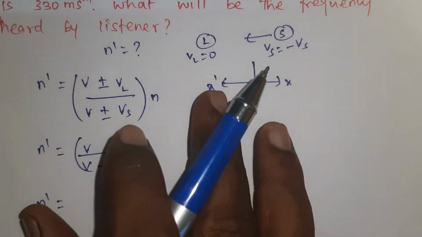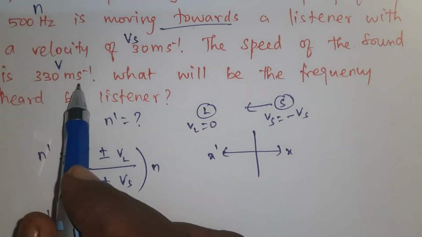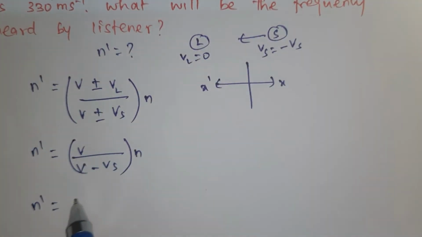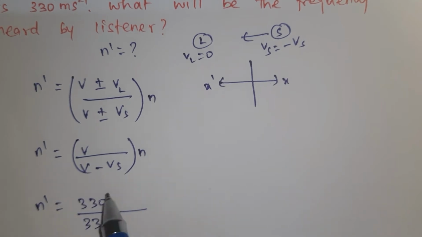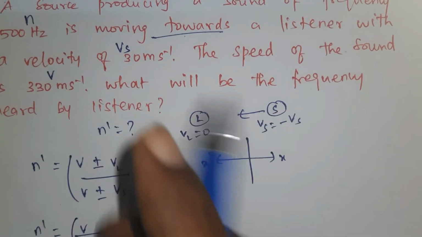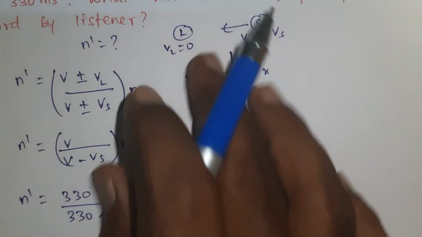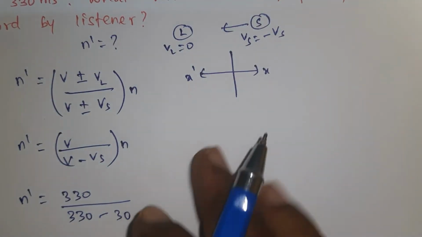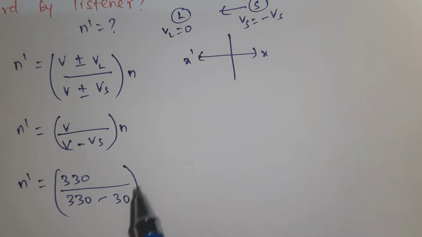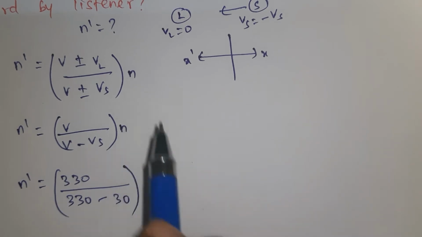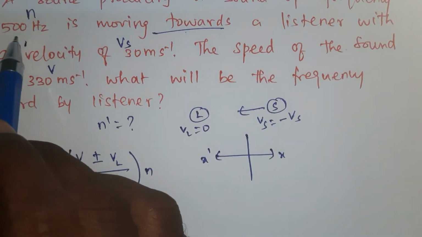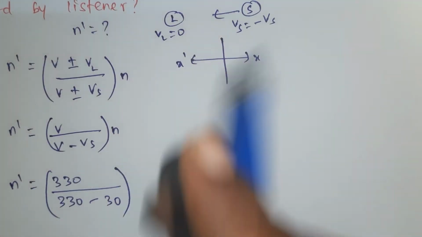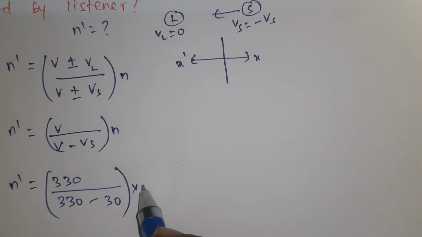The v value in the question is given as 330 m/s, so 330 divided by 330 minus vs. The vs value is given as 30 m/s, so minus 30, into the original frequency, given in the question as 500 Hz. So we can substitute n as 500.